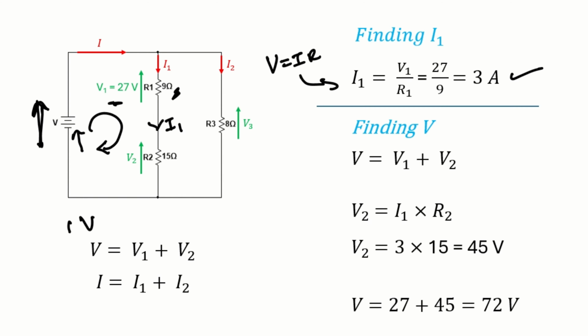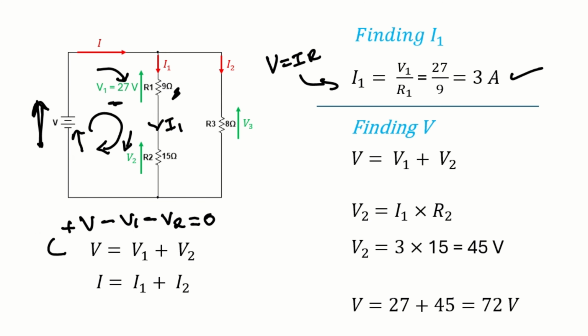Then the voltage direction and the loop direction are opposite for the voltage across R1, so it will be minus V1. Same for V2: the loop direction is downwards and the voltage direction is upwards, so again it's opposite, so it's minus V2, which should be equal to 0.